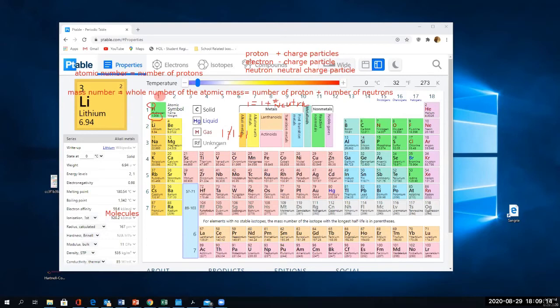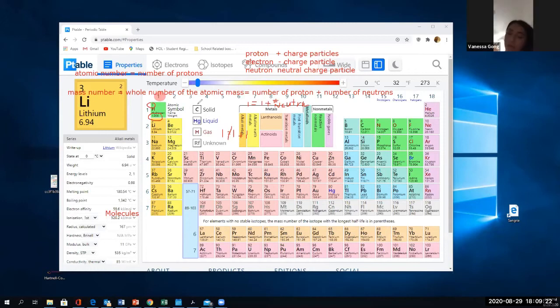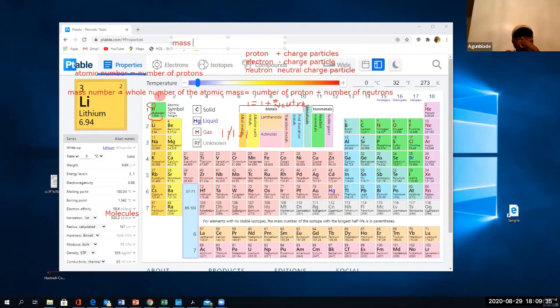Okay? So you guys get that? So we can say the mass number minus the number of protons is going to equal my number of neutrons. I don't get that, Professor. Mass number is equal to the number of protons plus the number of neutrons, right? The number of protons is given to me by my atomic number, which is 1.